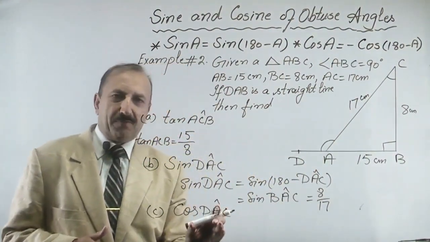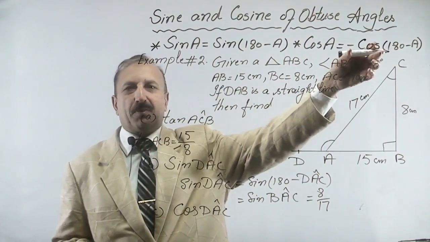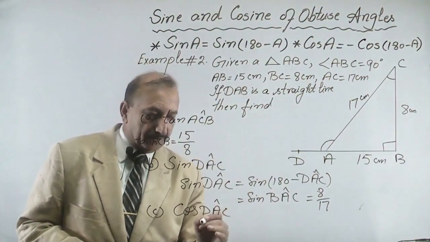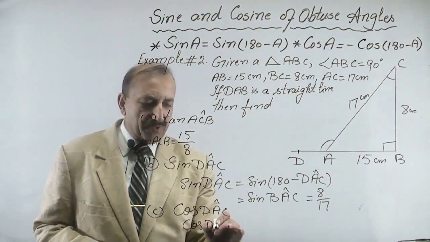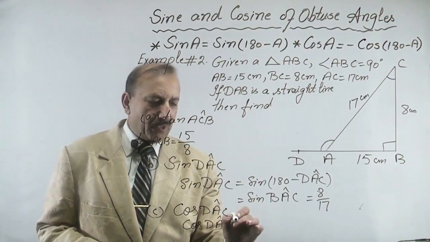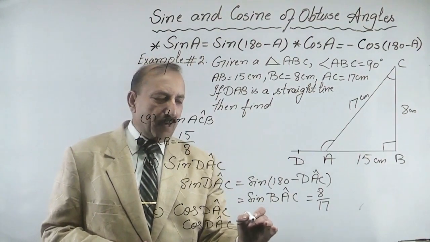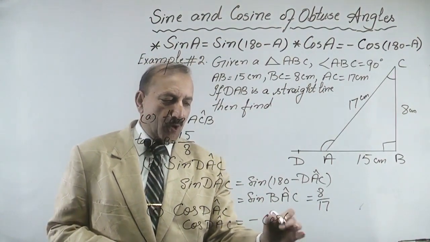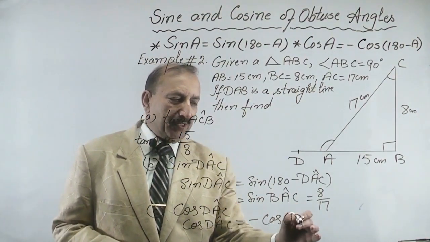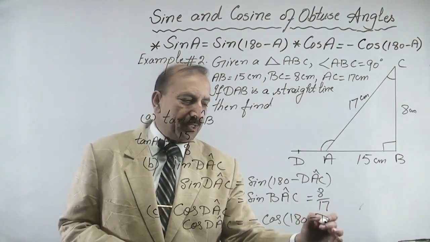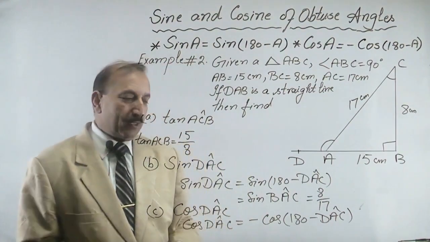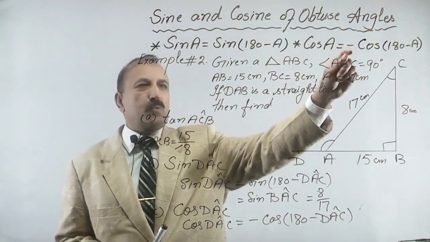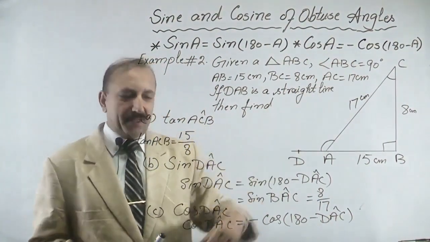First of all, we will convert it into the form of an acute angle with the help of this result, and this can be written as, let's write it again, cosine of DAC can be written as minus cosine of 180 minus DAC angle, because in this situation we are supposed to insert a minus sign here.